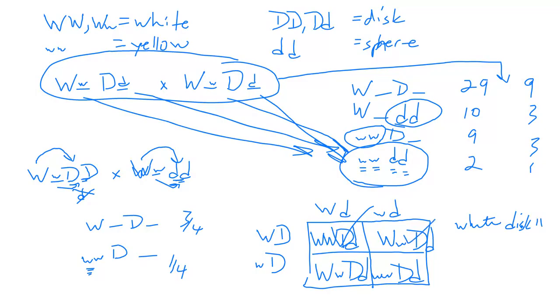White disc. Big W, big D, little d, again, white disc. Our last one here, yellow disc, and how many? One. So we got 3 out of 4 white disc, 1 out of 4 yellow disc.